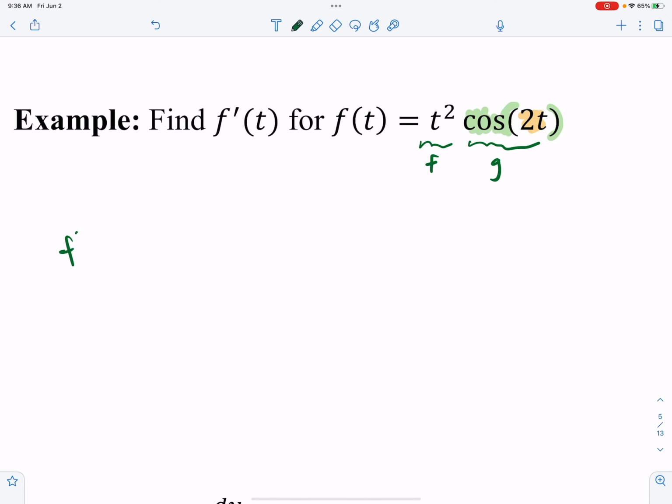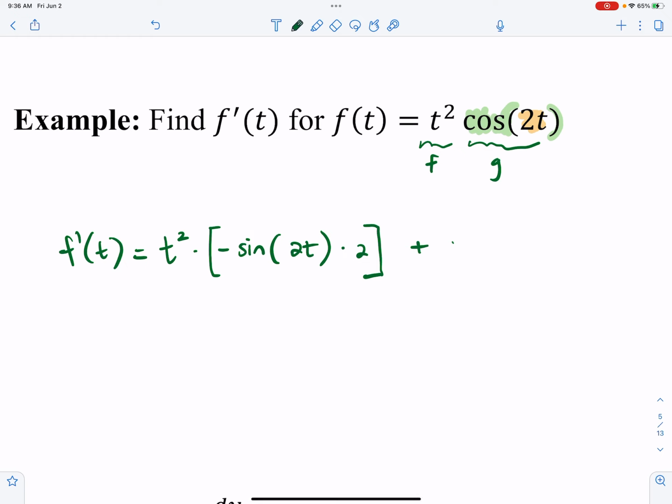So that would be f prime of t is first factor. And then now to find the derivative of g, we have to think chain rule. So that would be, I'm going to put it in grouping symbols, negative sine, because the derivative of cosine is negative sine. So that's the derivative of the outside, leave the inside alone, and then times the derivative of the inside, close bracket.